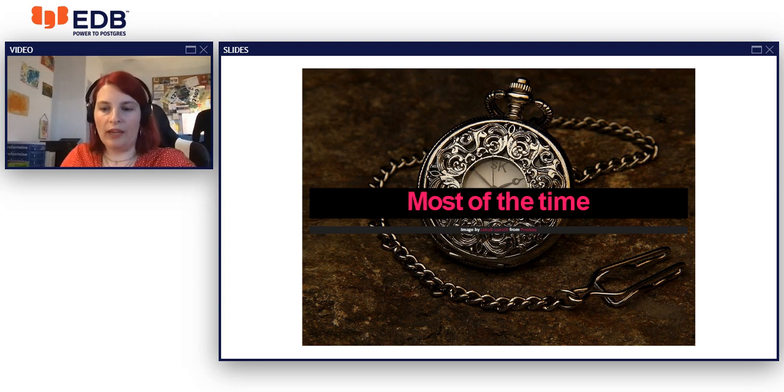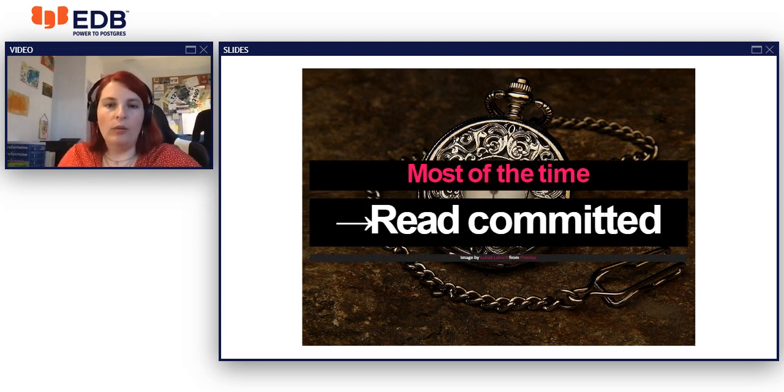So most of the time, you will go with a read committed isolation level. And it's a good thing because it's a good trade-off between locks and waiting, isolation level, and how you will have concurrency access. It's the default level for Postgres, but it's also the default level for most RDBMS.